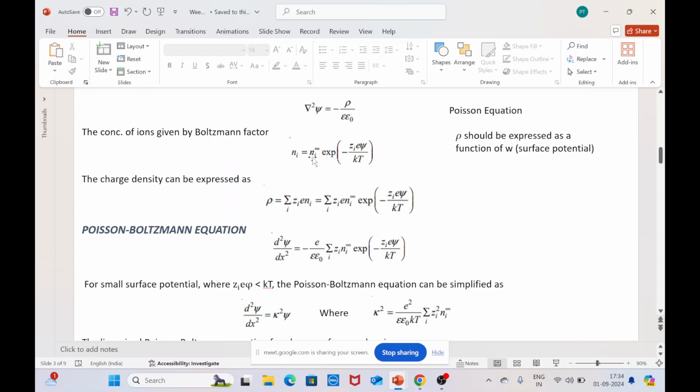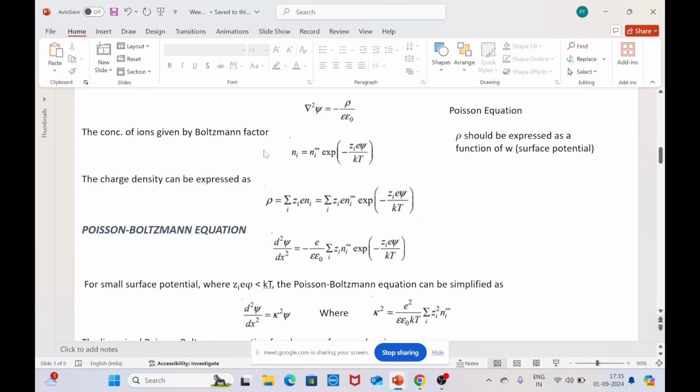Here Ni infinity is the concentration of a particular ion in the electrolyte at a distance far away from the surface, infinite distance from the surface. This can also be called the bulk concentration.